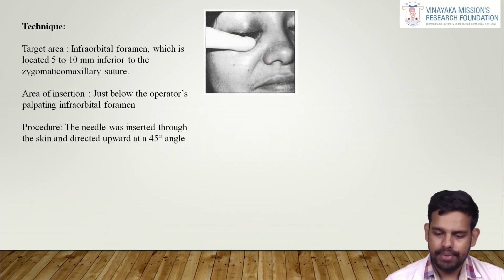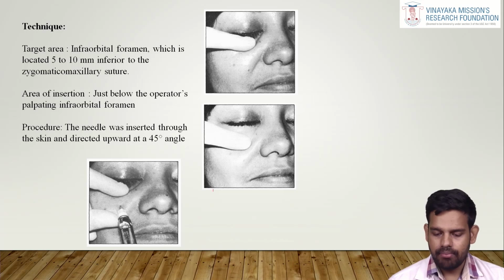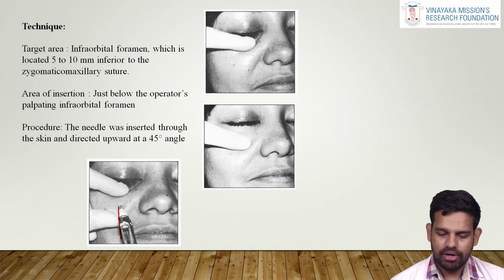So first we have to palpate the infraorbital rim, which is the lower border of the orbit. Then the foramen is palpated, and this is the operator palpating the infraorbital foramen, and the needle is inserted upward at a 45-degree angle over the skin into the infraorbital foramen.